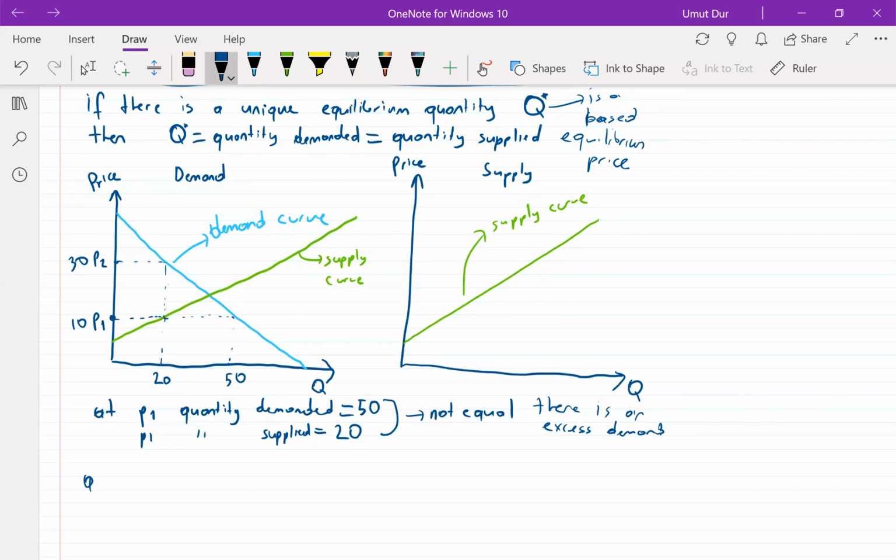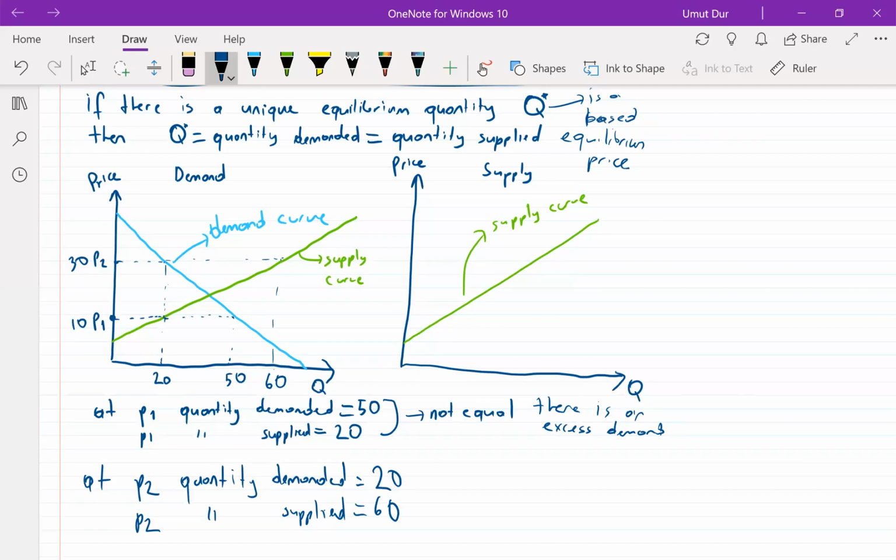At P2, quantity demanded is 20 and quantity supplied is something like 60.